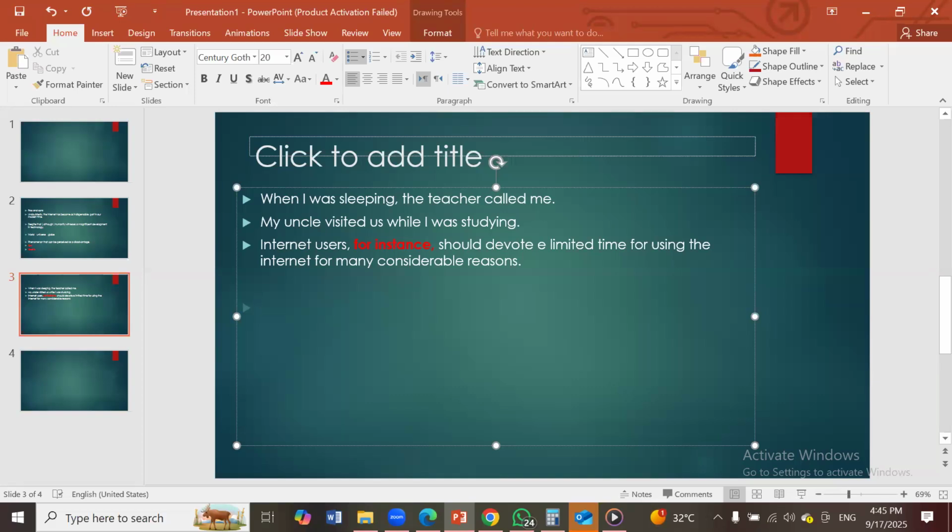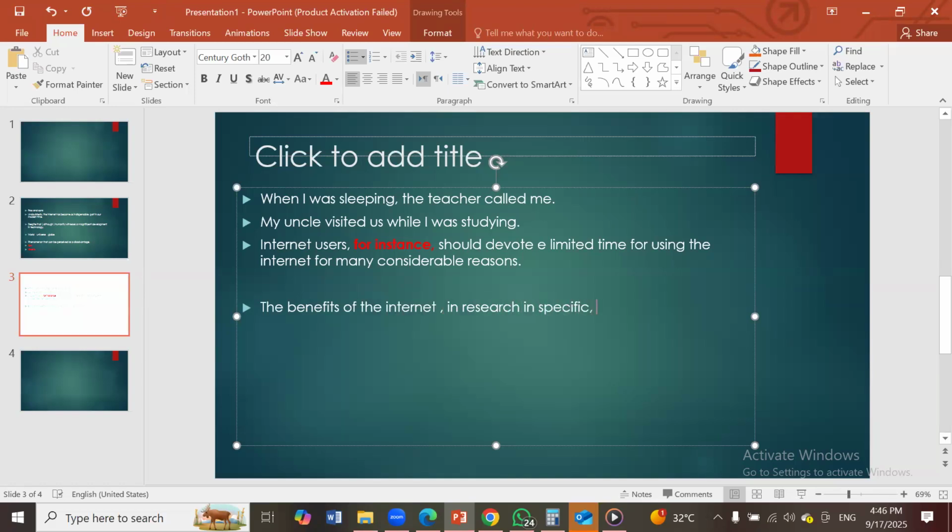Let's make one like this again. The benefits of the internet, in research in specific, are countless. What do you think about this sentence?